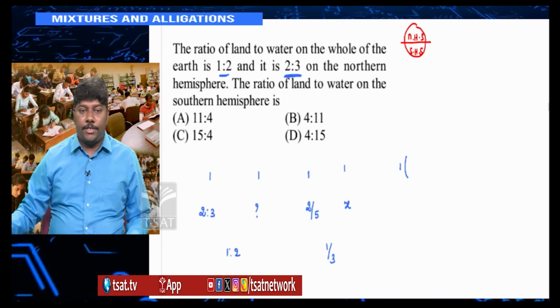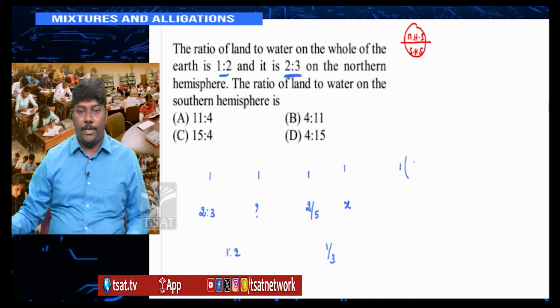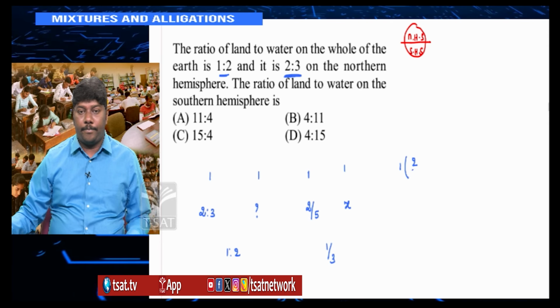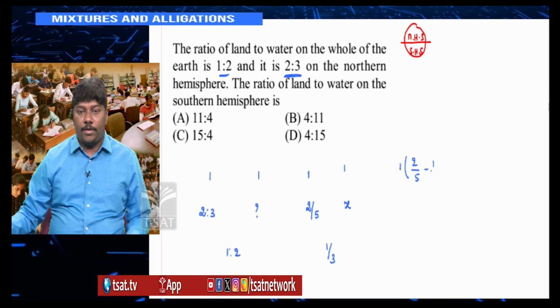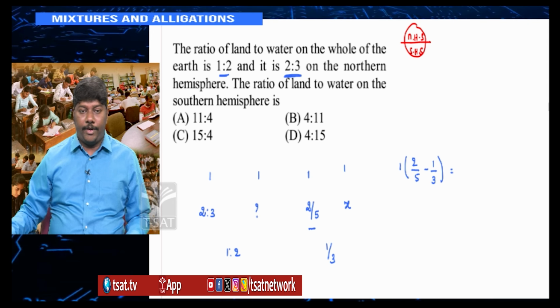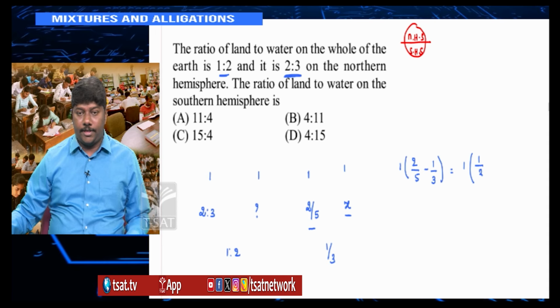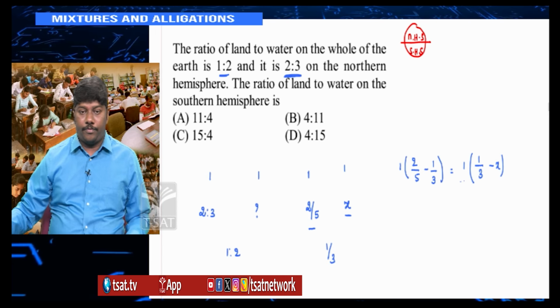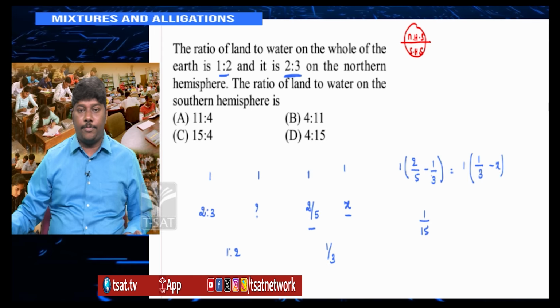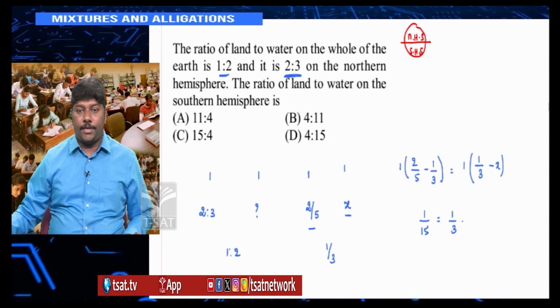1 into the difference is 2 by 5 minus 1 by 3, which gives me 6 minus 5, so which is 1 by 15, equals, if 2 by 5 is more, x must be less, 1 by 3 minus x. 1 by 15, because 6 minus 5 is 1, 1 by 15 equals 1 by 3 minus x.